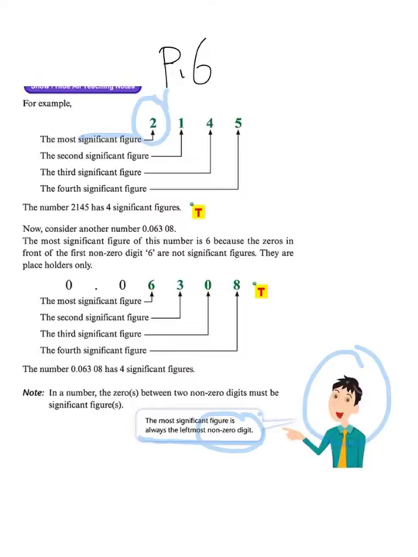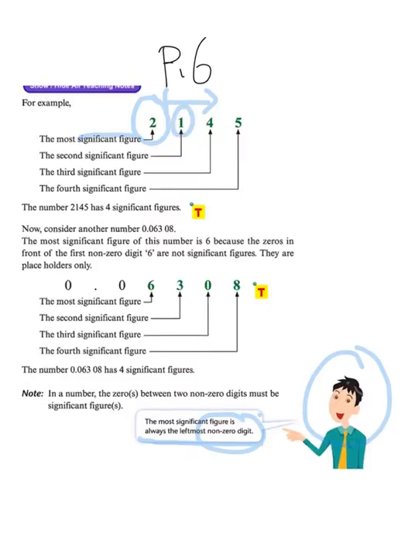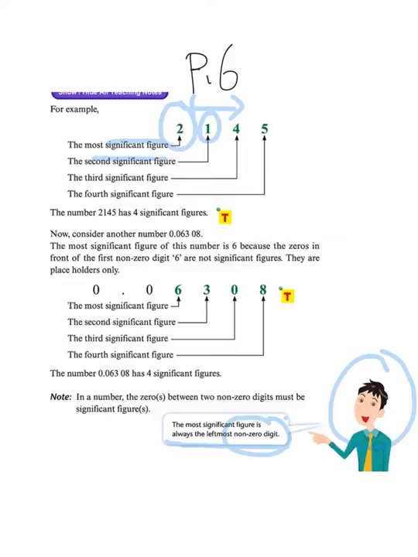From left to right, the digits become less significant. The second one becomes the second significant figure, and then the third one. You can see that this number 2145 has 4 significant figures, these 4 numbers.